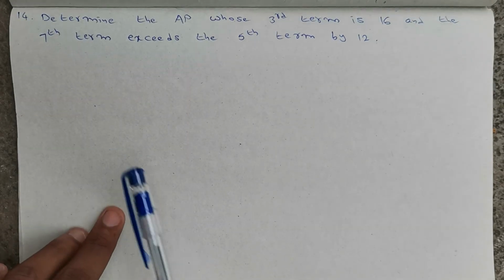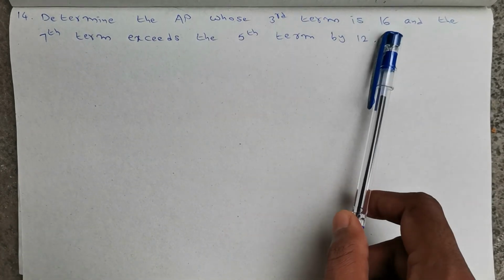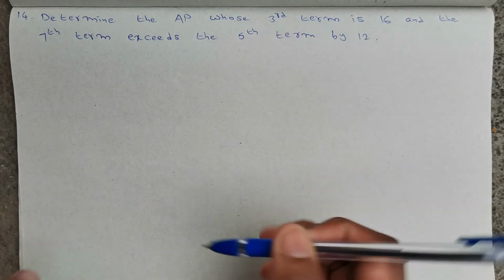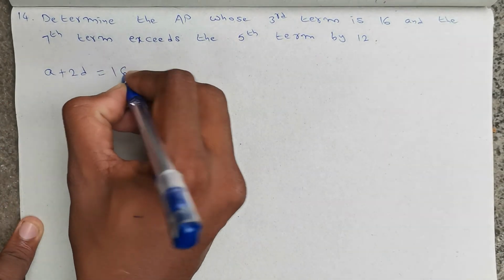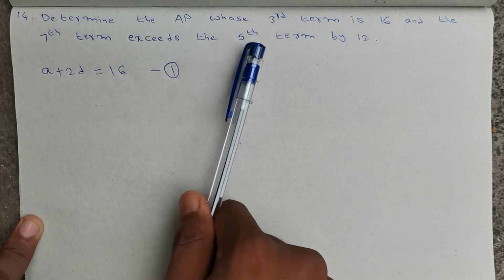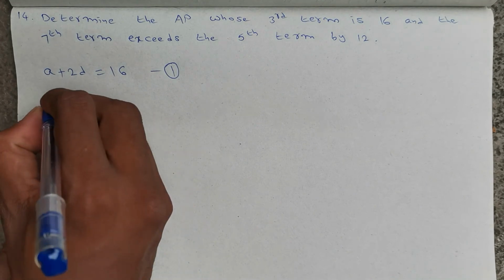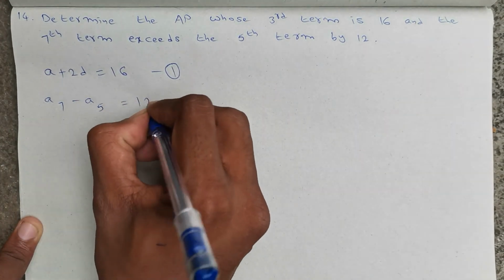Question number 14. Determine the AP whose third term is 16. Third term is 16, so a plus 2d is equal to 16. This is equation 1. And the seventh term exceeds the fifth term by 12.